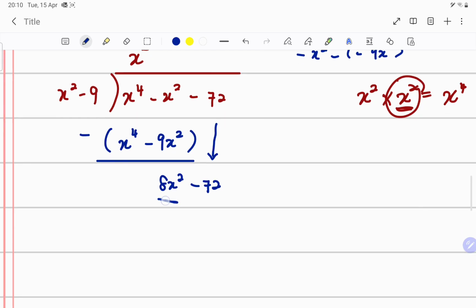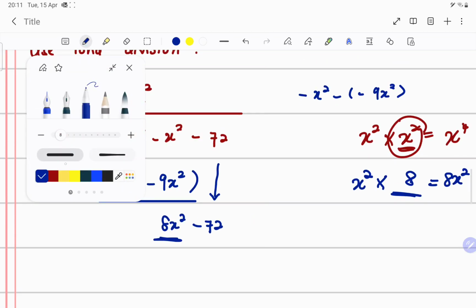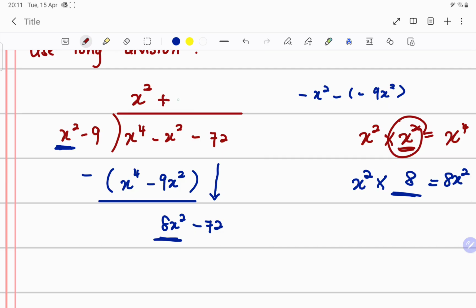Now, you look at the first term here, 8x squared. What value, when we multiply with this x squared, will give us 8x squared? Multiply by 8, right? So this value of 8 you put on top, which is plus 8.